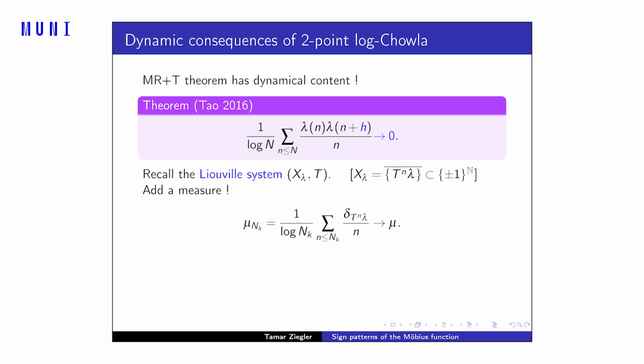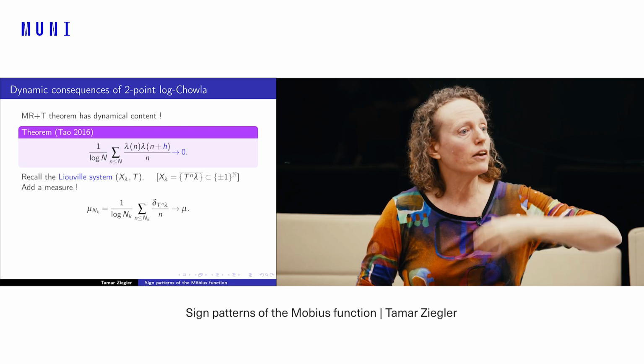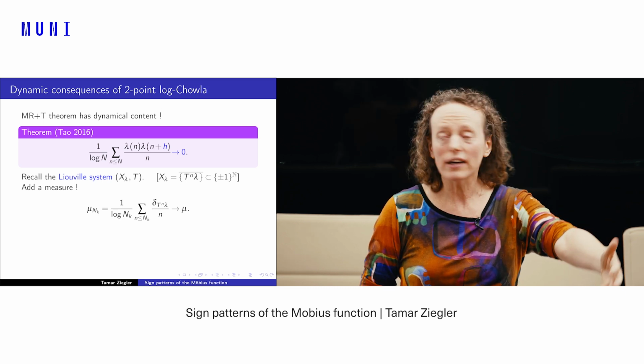Before, I just had a topological dynamical system, right? I took lambda, I took its orbit, I closed it, I looked at all the points, the system that I get. Now, I can take this system and add on top of it a measure. How can I add a measure?